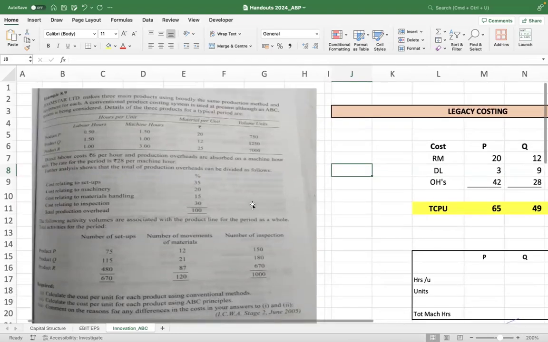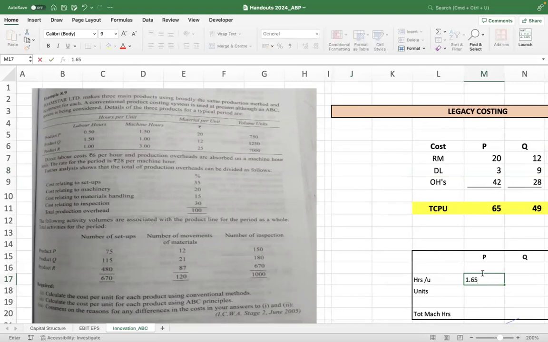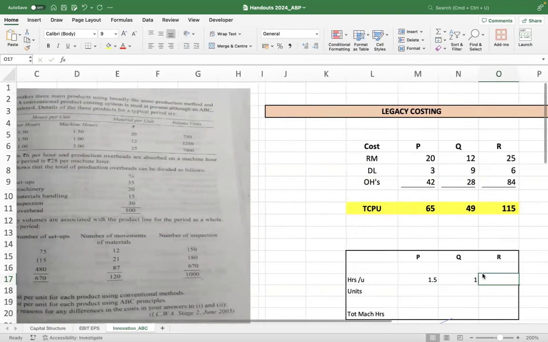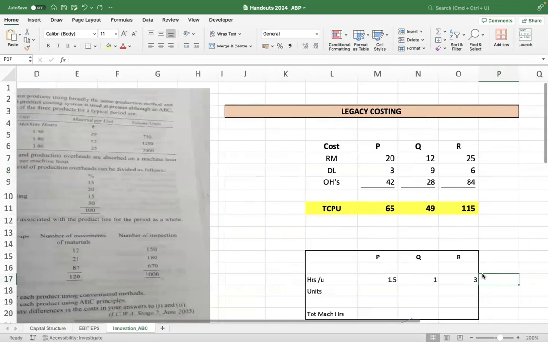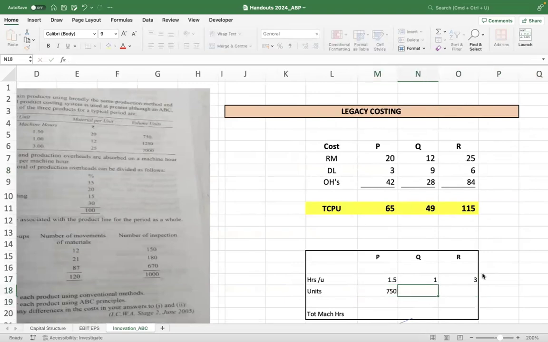Now, for P, Q, and R, you have 1.5 machine hours per unit, 1 machine hour per unit, and 3 machine hours for every unit of production. You are producing and selling 750 units for P, 1250 units for Q, and 7,000 units for R, right?